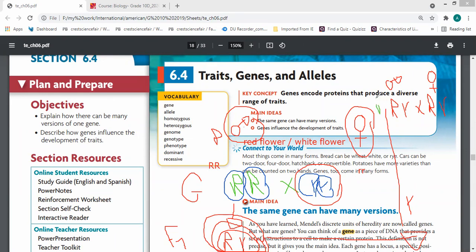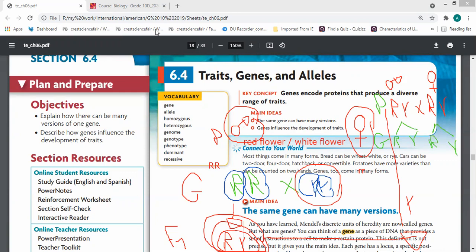These are the parents. What are the gametes? Gametes means the factors which are inherited from the parents to their offspring. Each one of them has two factors. Maybe they give R capital or R small, and this one R capital or R small.